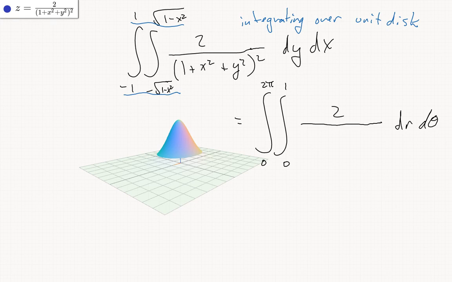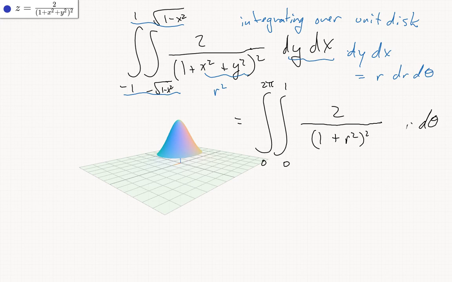So we have 2 over x squared plus y squared. So this is r squared. So 1 plus r squared squared. And then remember that dy dx is r dr d theta.